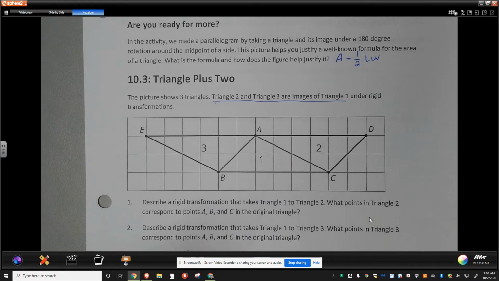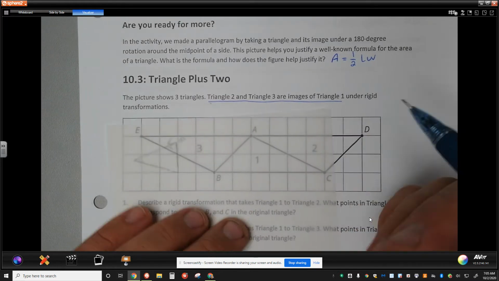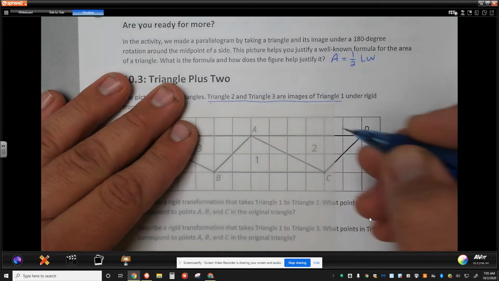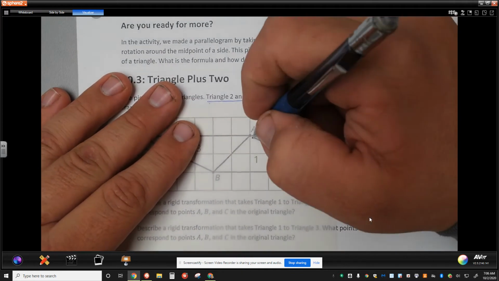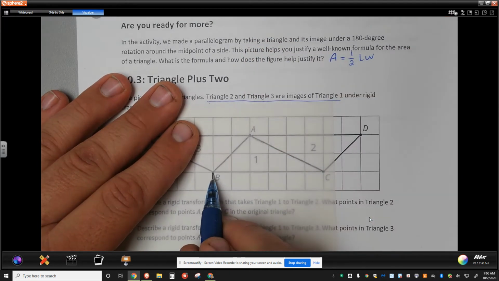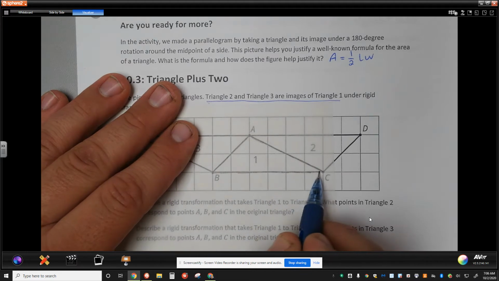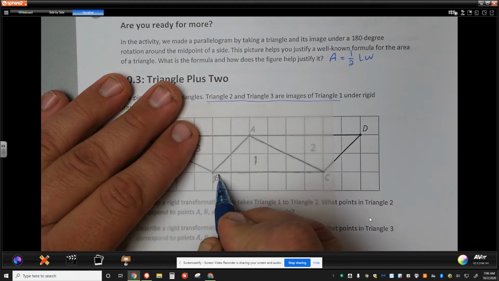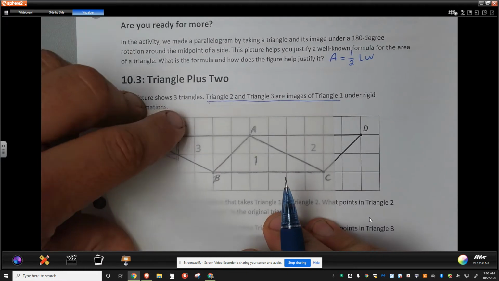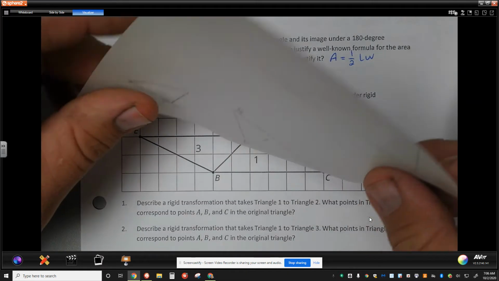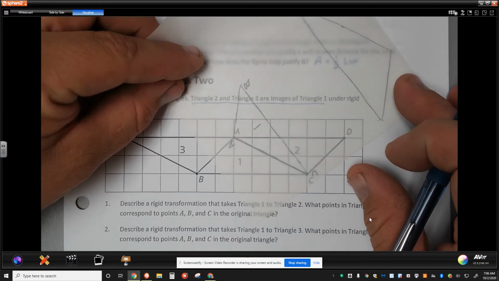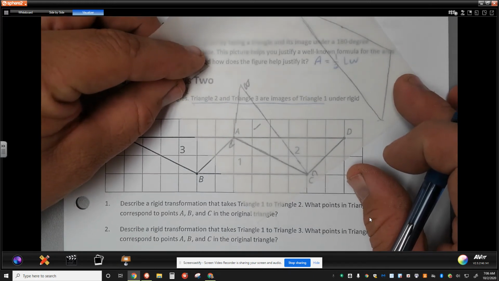When we take a look at this triangle, we'll go ahead and put Triangle 1 onto our tracing paper so we can see what happens here. Here's Triangle 1, here's B, here's A, and C. Now our first thought might be, well, maybe if I just reflect this across the line, that will work. And we could see a reflection across line AC does not match that up.